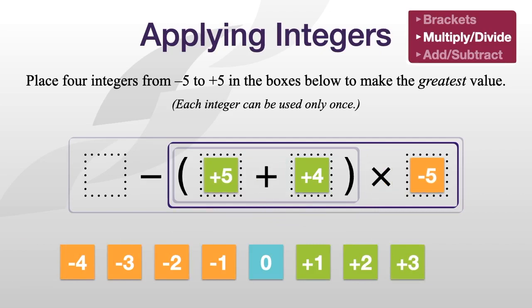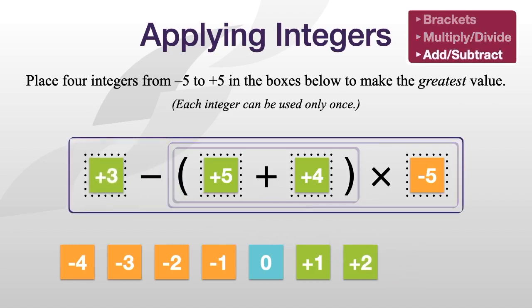This results in the least or most negative product. Place positive 3 in the last empty box. Please know that this is a window into my thinking, which included a couple of missteps and revisions along the way. You or your child might arrive at this solution by taking a different path.